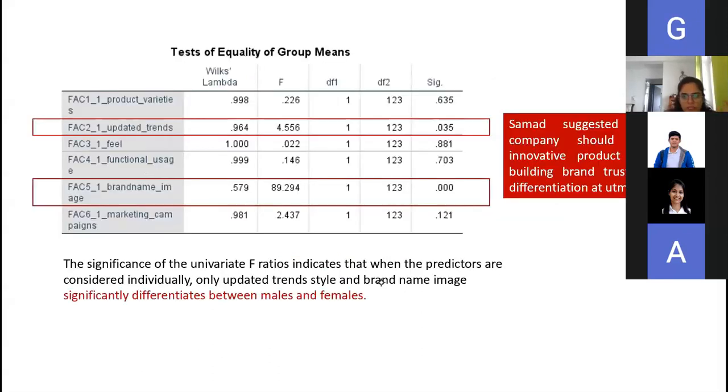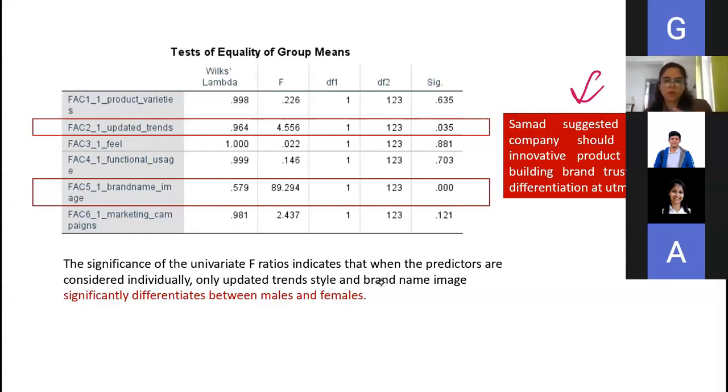After that you get this table. Remember, Samad suggested, this was our question: Samad suggested that the company should invest in innovative product styles and building brand trust, to create differentiation at utmost level. What does this tell you? It tells you some F ratios, and that's the significance. So what all variables are significant here? Second and fifth. Second and fifth.